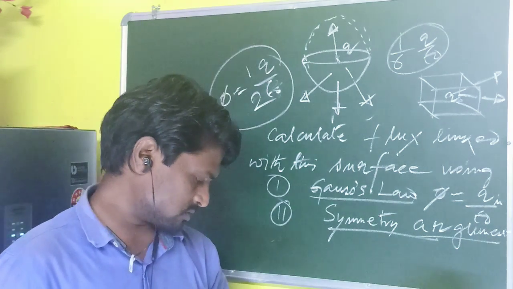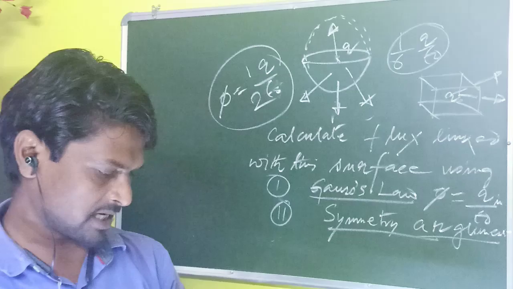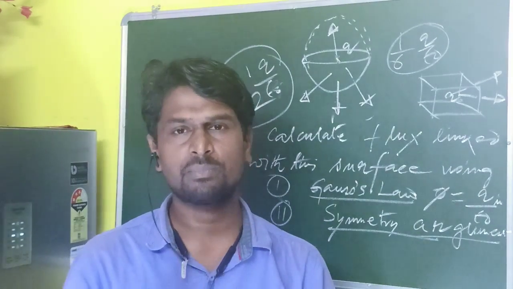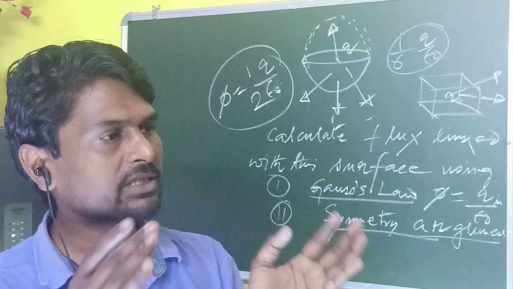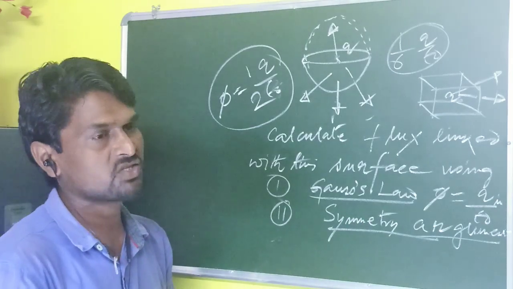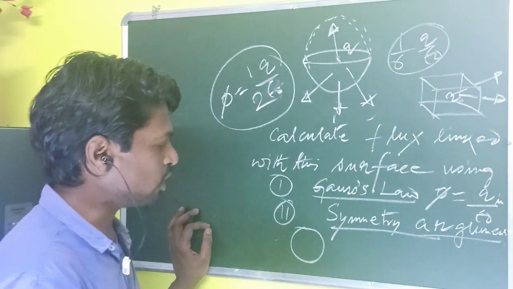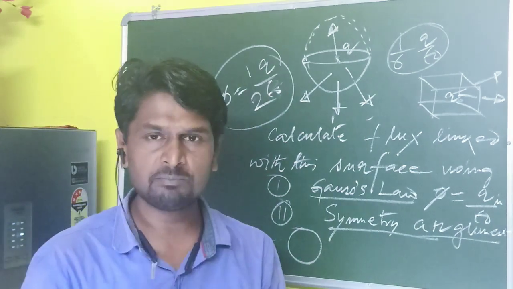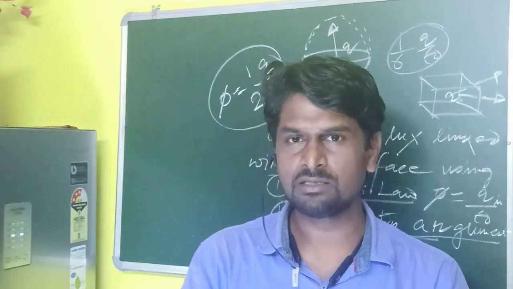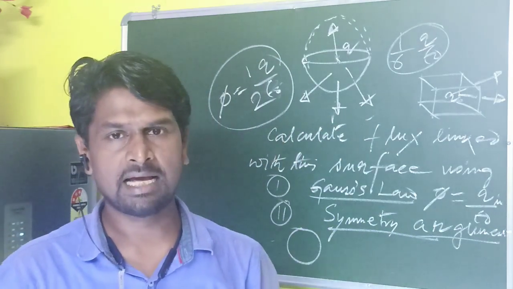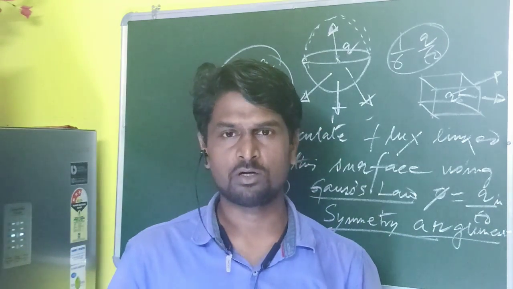You have to calculate that. In the previous class I didn't explain that. If a spherical or cylindrical volume distribution of charge is taken, I will complete that volume distribution of charge next day. Suppose it will be tomorrow, and then I will do that numerical.